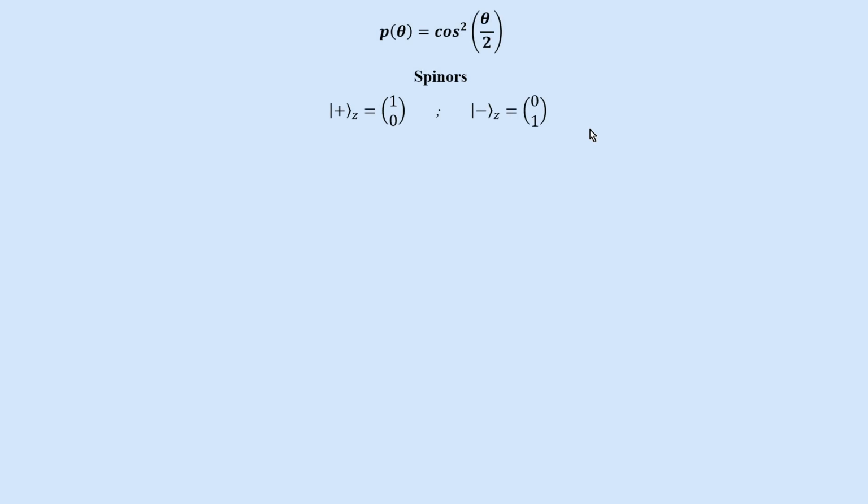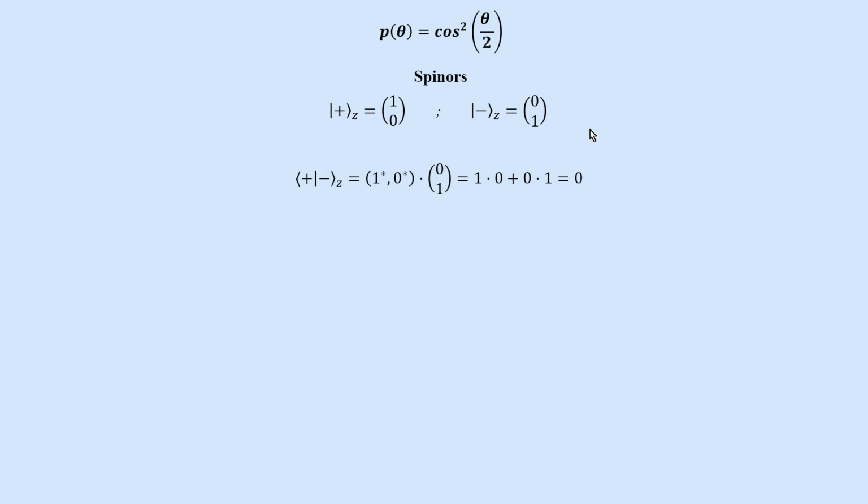These so-called spinors, which again we should distinguish from the two-dimensional Cartesian plane. But again note that they represent in any case orthogonal quantum state vectors. Recall how the scalar product of orthogonal vectors is always 0.